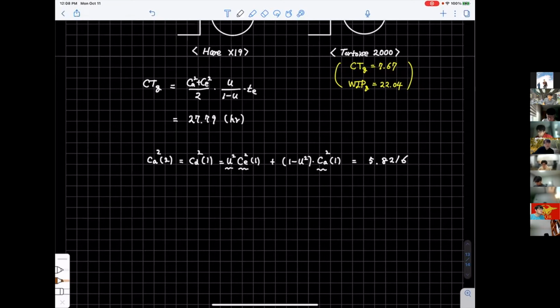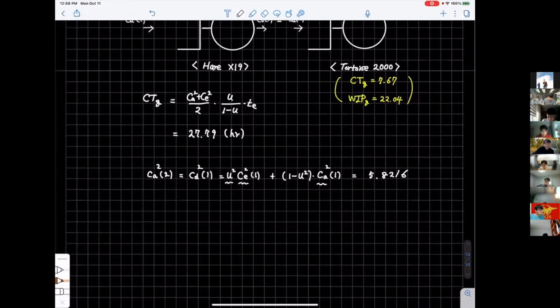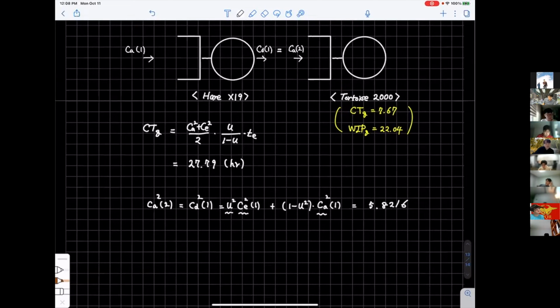Please calculate this after this class. Anyway, this is a very big number compared with our assumption of Tortoise 2000.